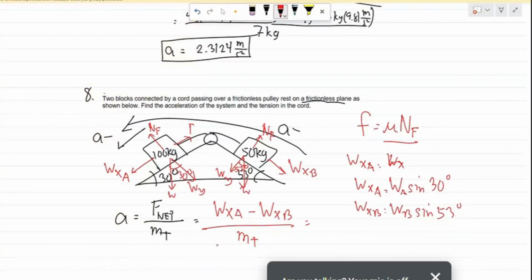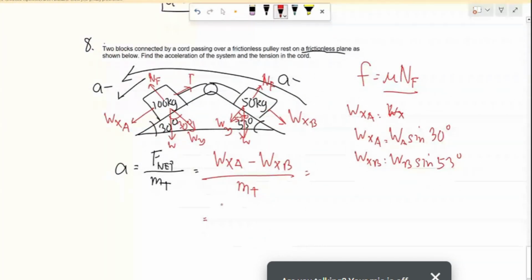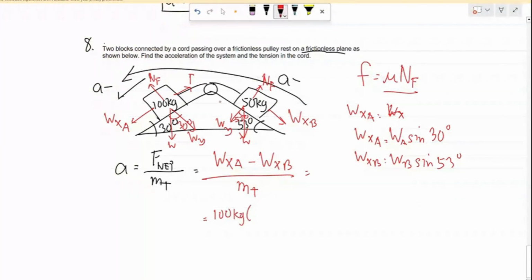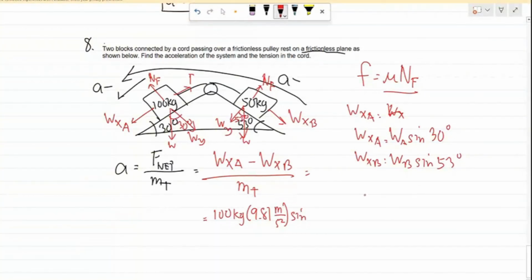Therefore, guys, from this equation, I can say that WX is what? That is 100 kilograms times the gravitational acceleration, which is what? Binigay ko ba? Hindi. And therefore, we are going to use what? 9.81 meter per second squared. Of course, yung ating sine of 30 degrees minus.